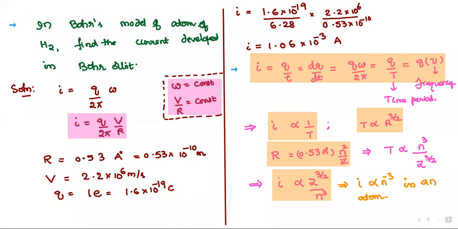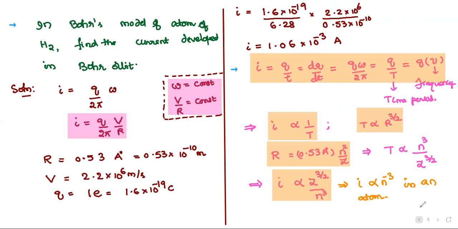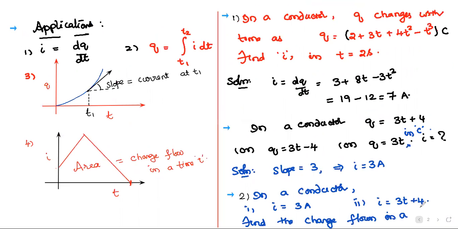Yes. This time we are still going deep into the concept, like advanced types of questions. From the basic model we started. On one formula we have done all these things: I equals dq by dt, or q equals integral I dt.